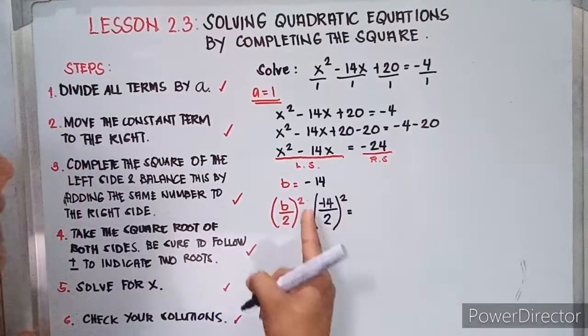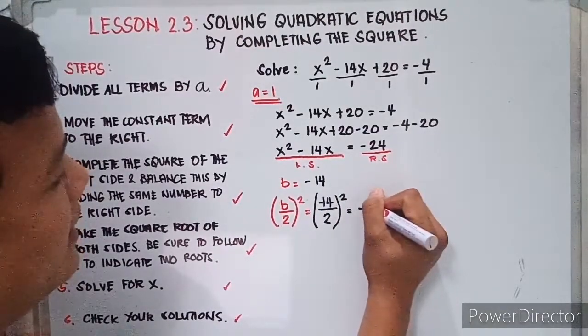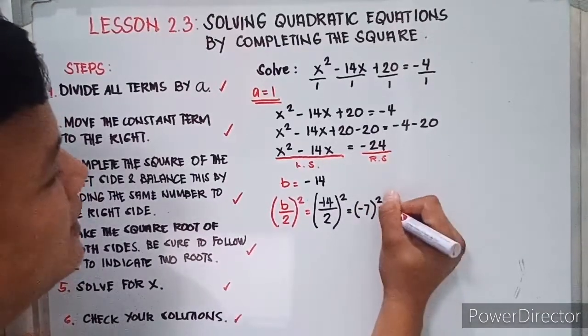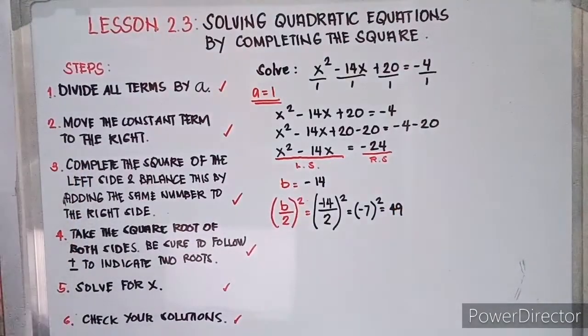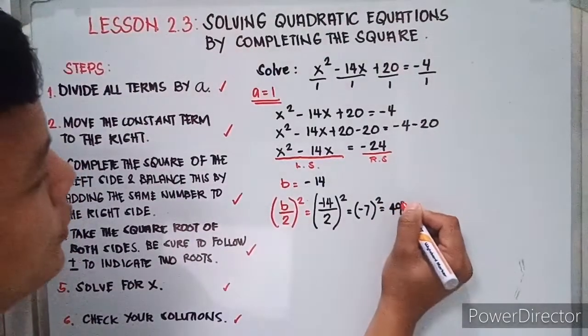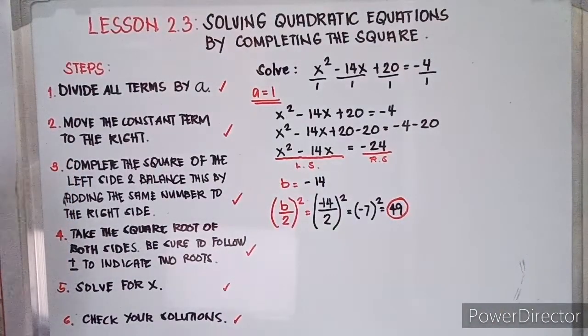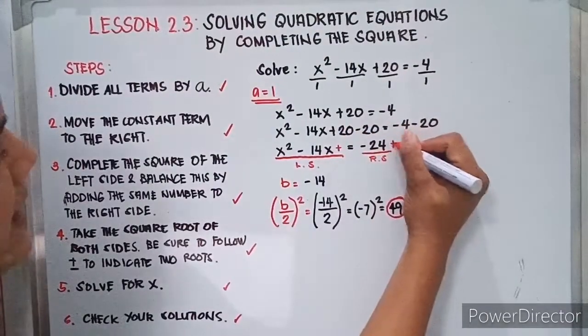What is negative 14 divided by 2? That is negative 7. Then we square it. What is negative 7 squared? That is 49. Now, the resulting value, positive 49, will be added to the left side and to the right side.